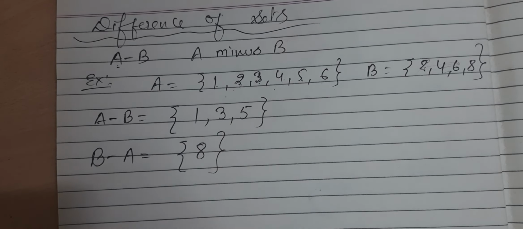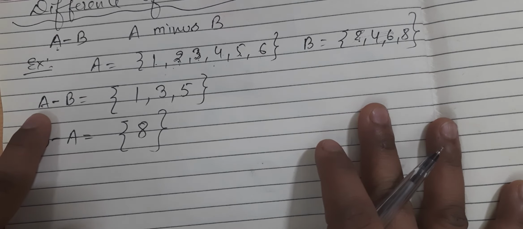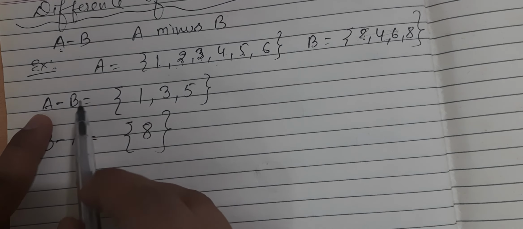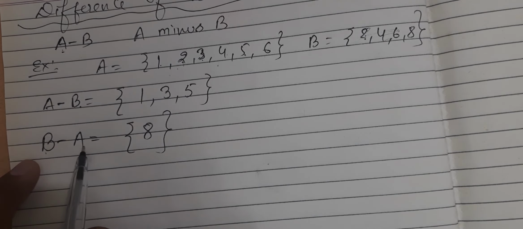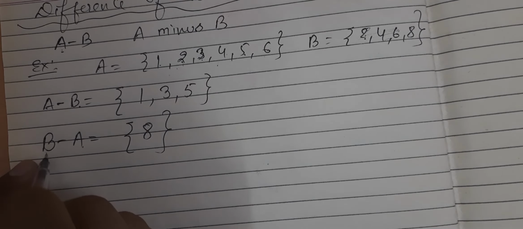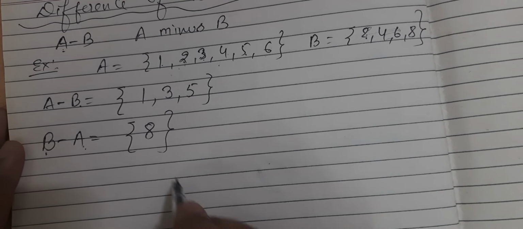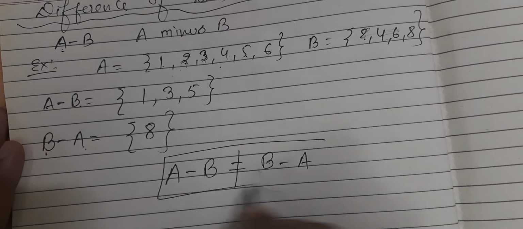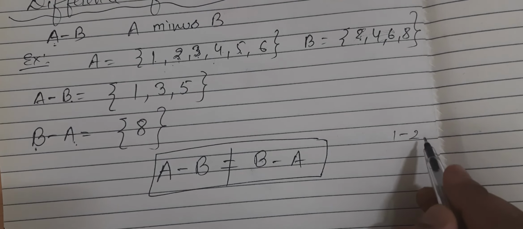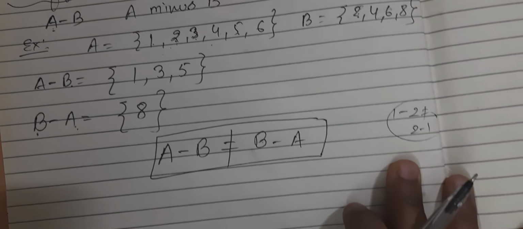The only element 8 will be the answer, because 8 belongs to B but not to A. So when we find A minus B, we write all the elements which belong to set A but not in B. And to find B minus A, we write all the elements which belong to B but not in A. From this result it is clear that A minus B is not equal to B minus A. Like in the number system, 1 minus 2 is not equal to 2 minus 1. Similarly here, A minus B is not equal to B minus A.